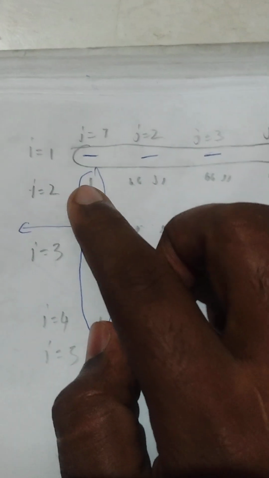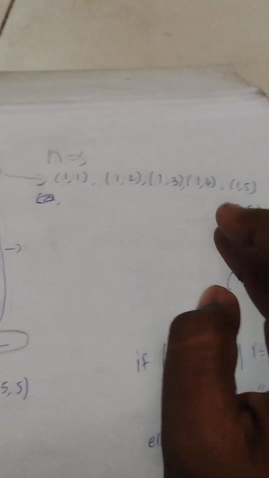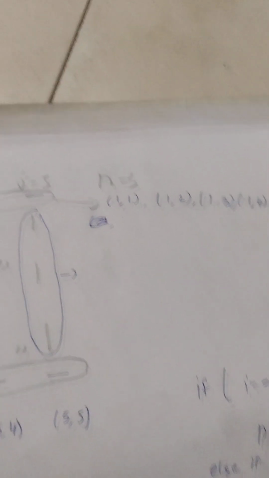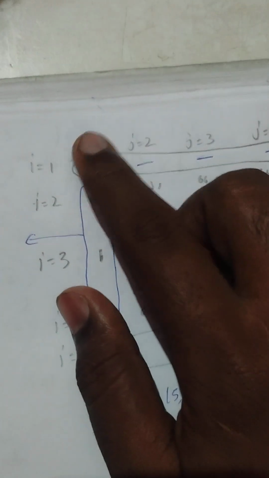And if you see j, how it gets printed from 2 to 4, right? Here also the same, 2 to 4. You need to look at j here.